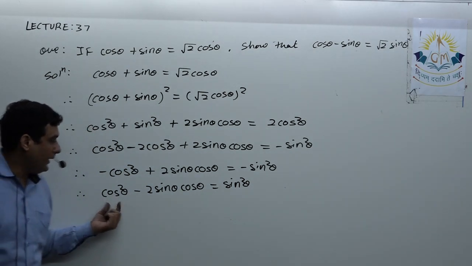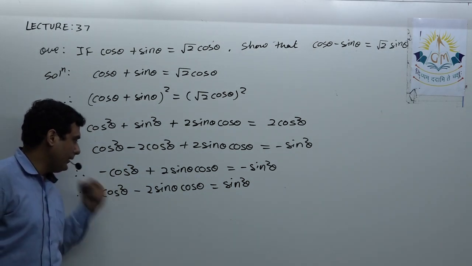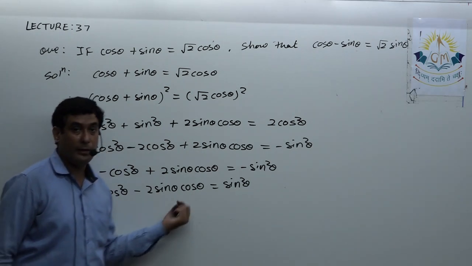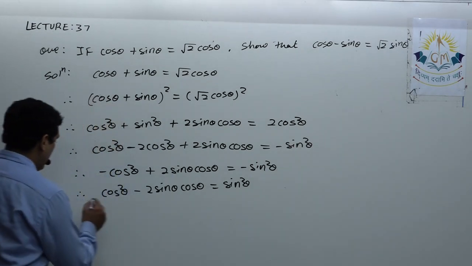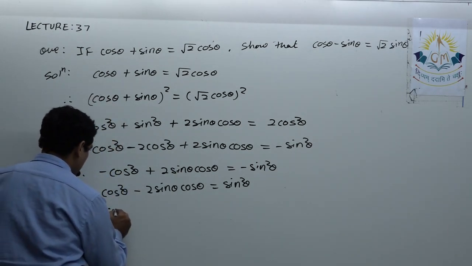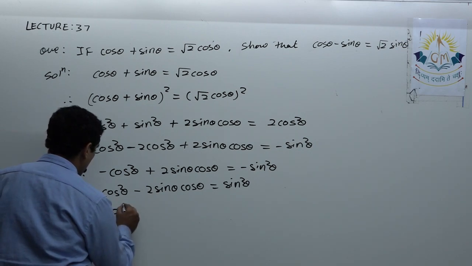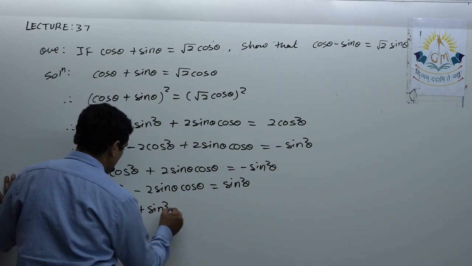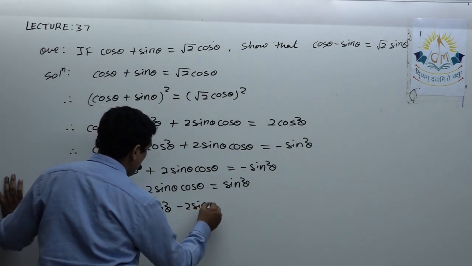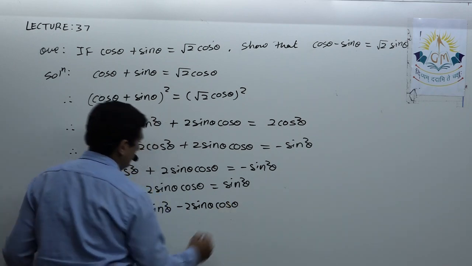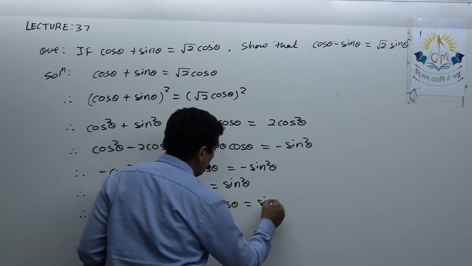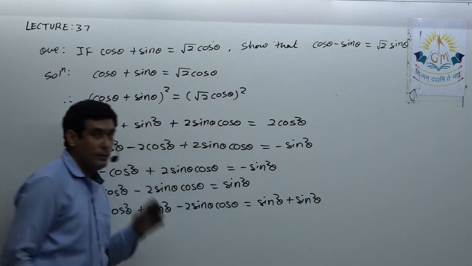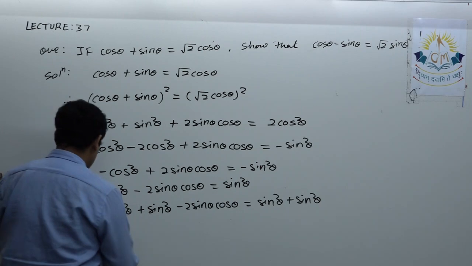Now see, here I have a square, then if I read the identity, this is 2 into a into b. That means if I add sin square theta on both sides, I will get a complete identity. So here I am writing cos square theta plus sin square theta minus 2 sin theta cos theta is equal to sin square theta plus sin square theta. I added sin square theta on both sides.